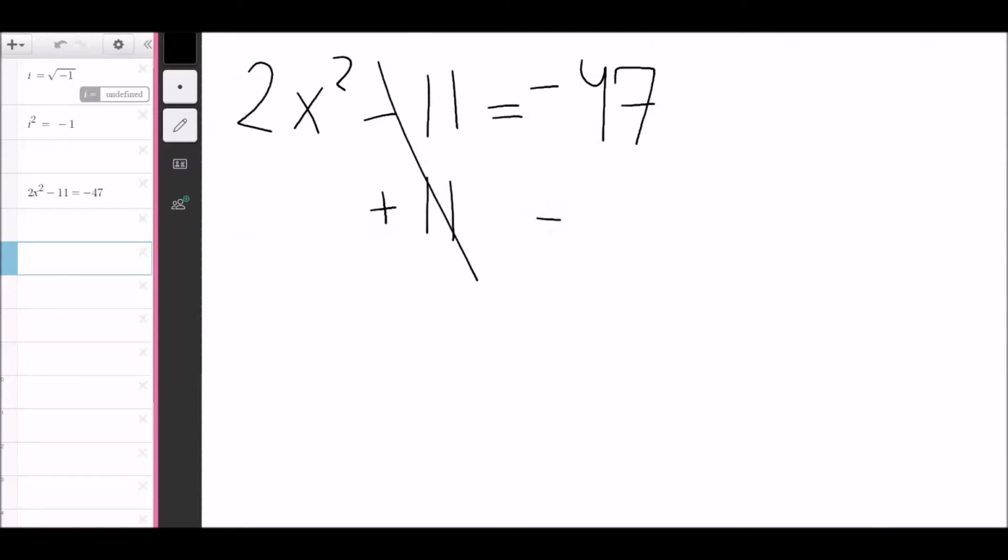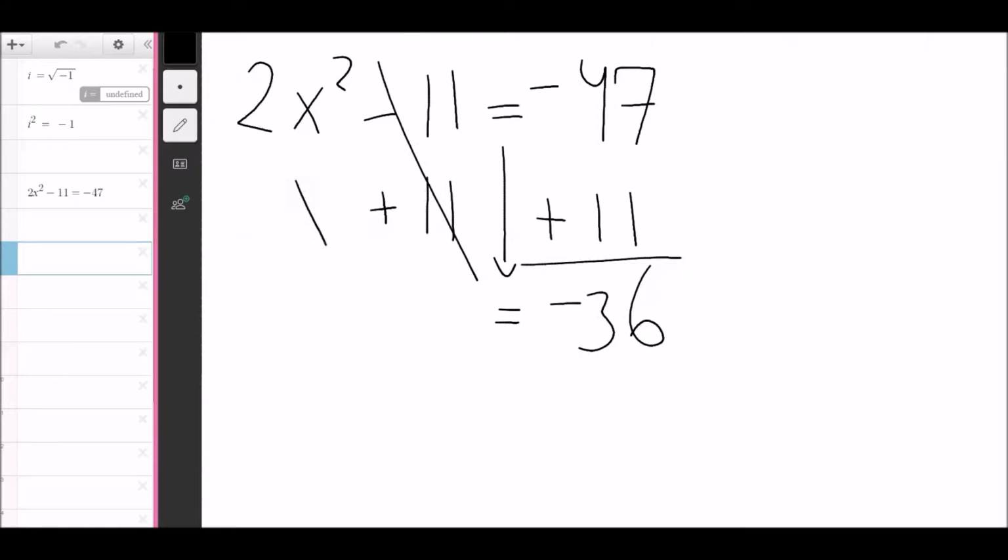So you're going to add 11 on both sides. That's going to equal 36. And then you're going to bring down the equal sign and bring down the 2x squared.